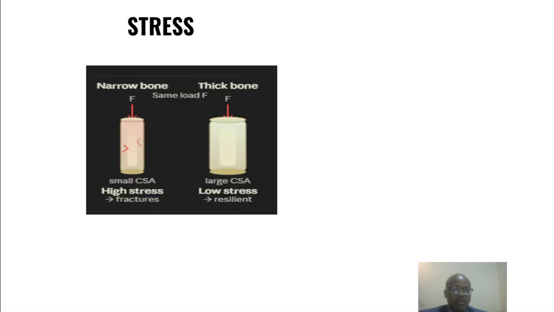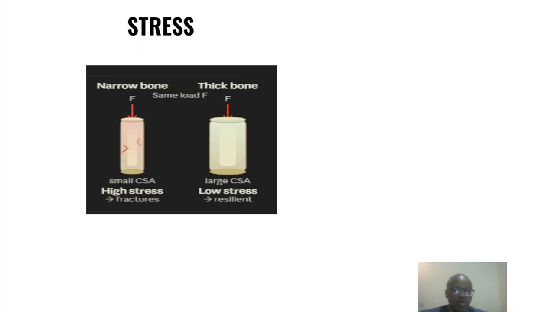Now let me go deeper and explain what stress is. Look at this diagram on your screen. You can see two bones, a narrow bone and a thick bone, and both are subjected to the same force, or the same load. The narrower bone experiences a higher level of stress, while the thicker bone experiences a lower level of stress.